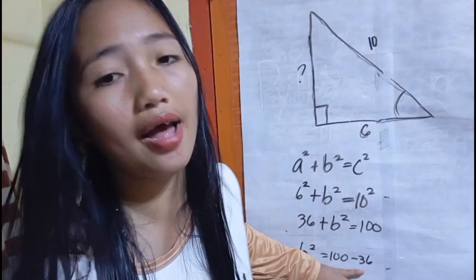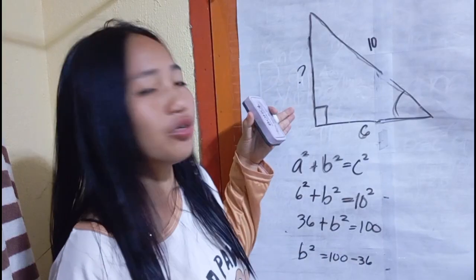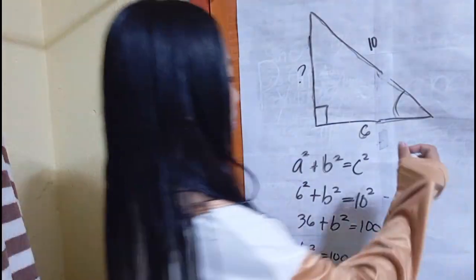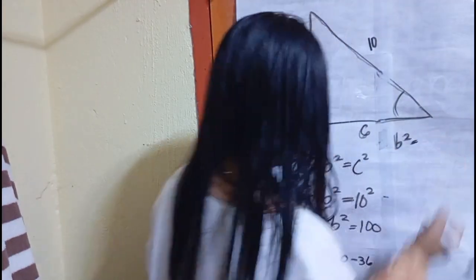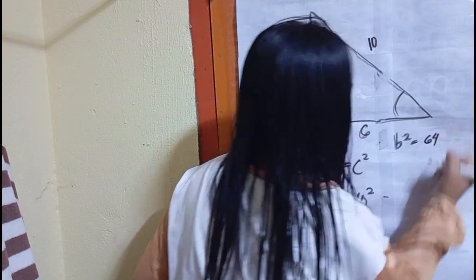Since what we are looking for is not the hypotenuse but one short leg, calculate the difference. B squared is equal to 100 minus 36, which is 64.